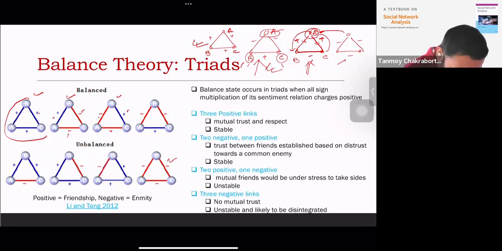Okay. Now, this is an unstable structure, and this one is obviously unstable. All of them are enemies, so all these three edges will vanish anytime.